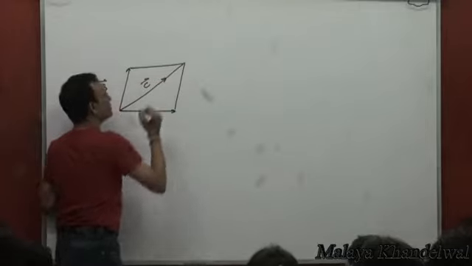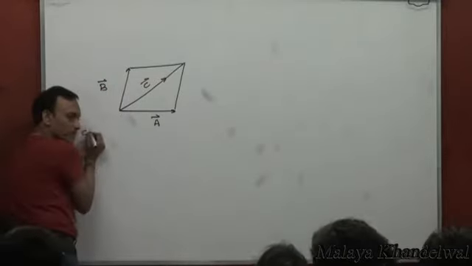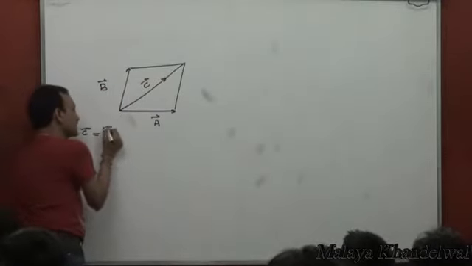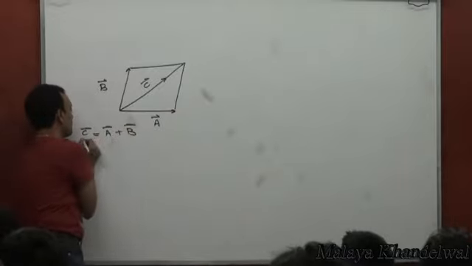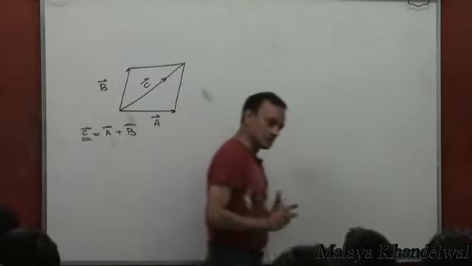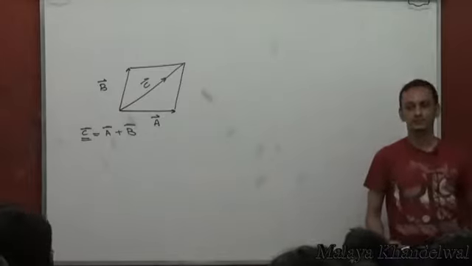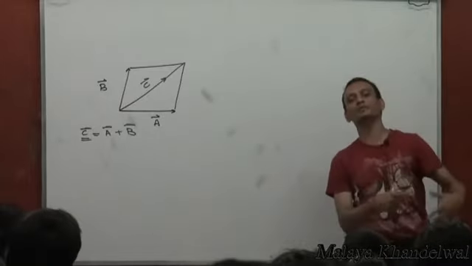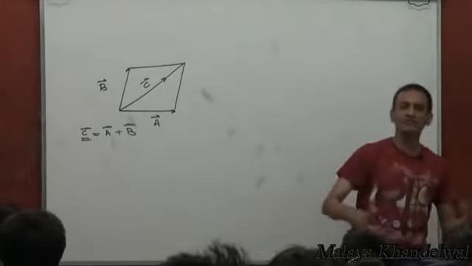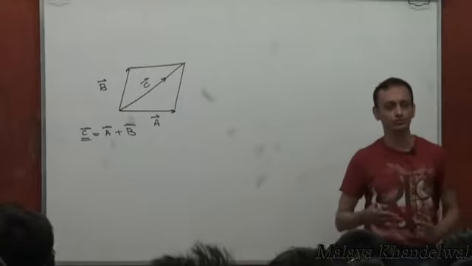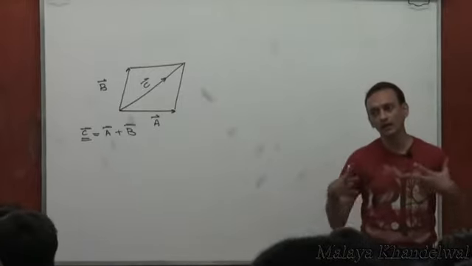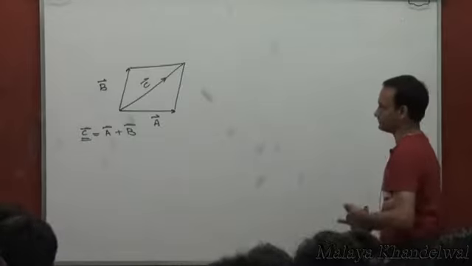This would be the resultant vector C, which is A plus B. The resultant of two given vectors would be a single vector C, uniquely obtained from the parallelogram law, or it could be obtained using the triangle law. Whatever is convenient at that point of time, you could use either the triangle law or the parallelogram law.